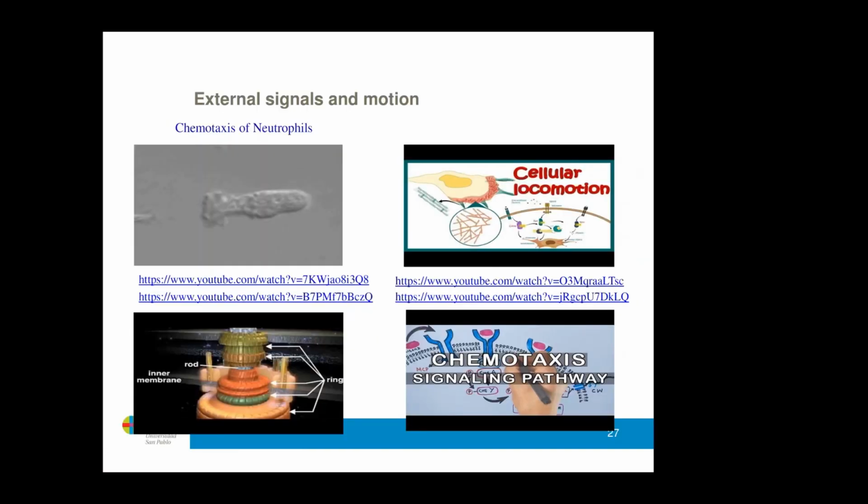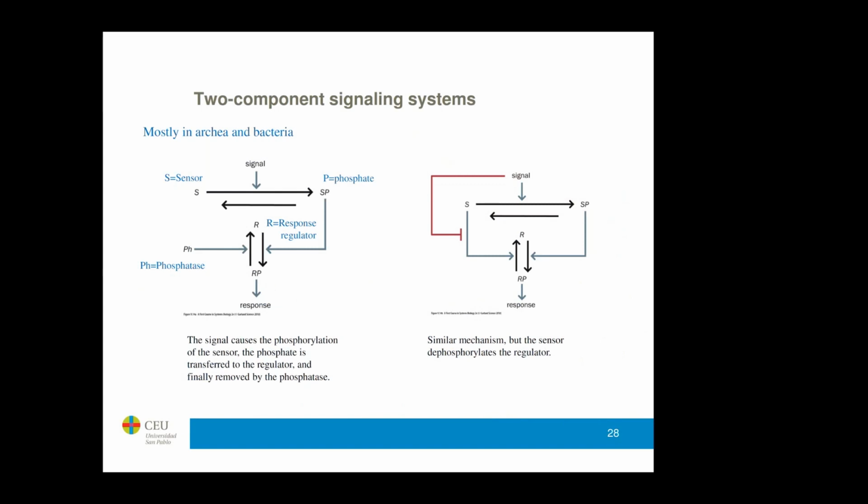Next, there are many organisms, archaea and bacteria in particular, that use a two-component signaling system. Okay, so let's see what this is. You have a sensor. Then this sensor receives a signal. This signal makes the sensor phosphorylate.